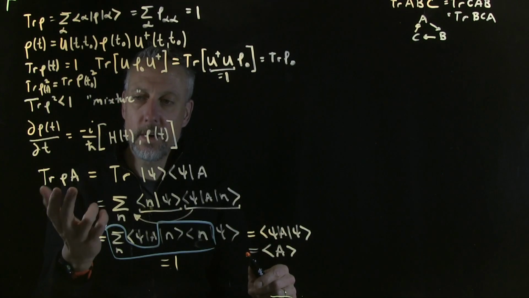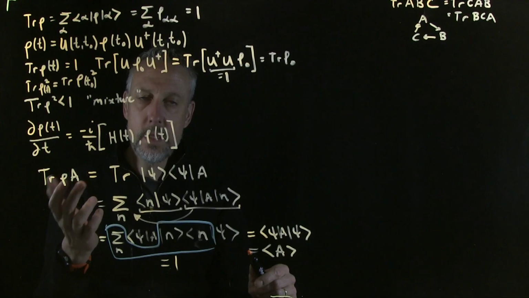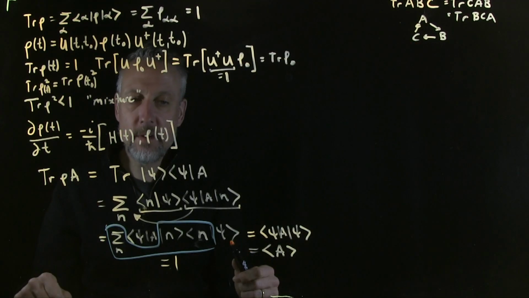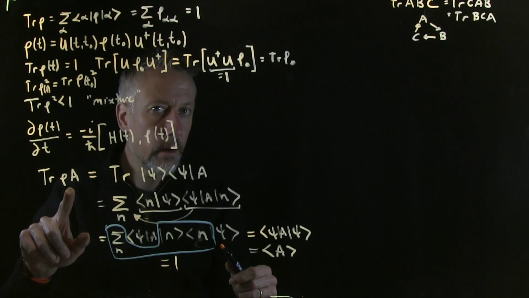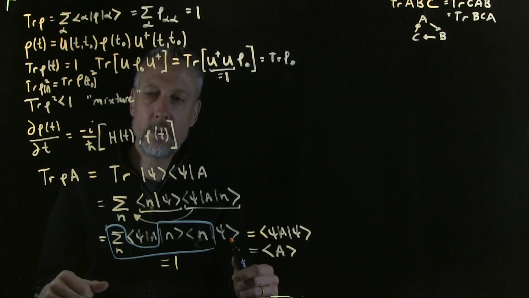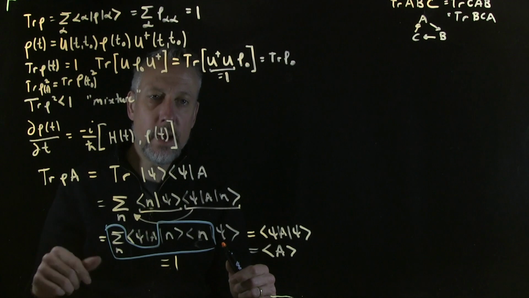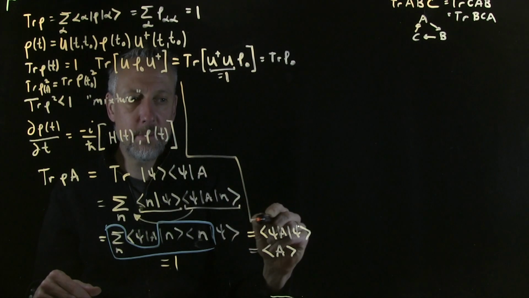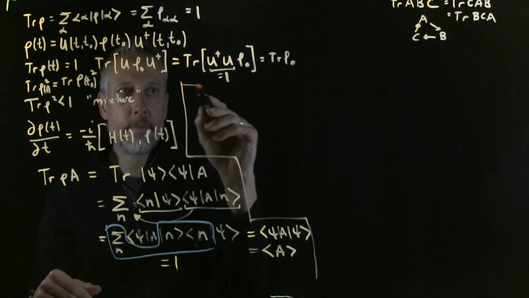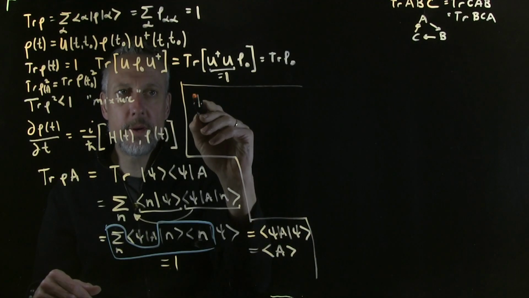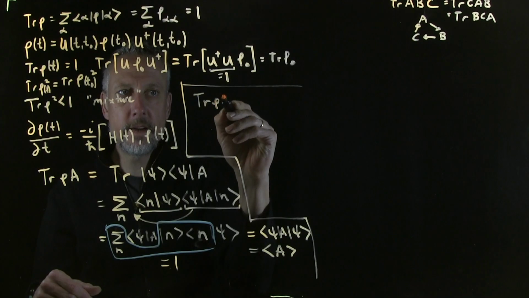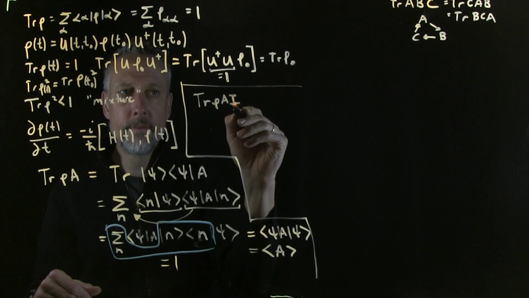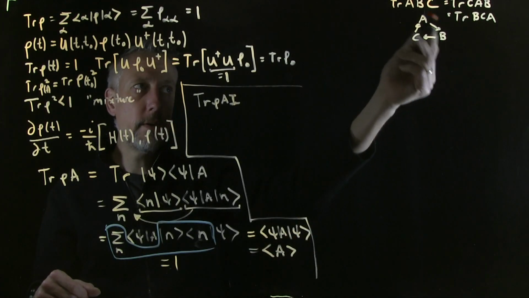Now, what about the order here? Well, I told you something about how you can move things around in a trace, but I only see 2 here. So what do I do about that? Remember how multiplying by 1 can be very useful? Let's do multiplying by 1 now, by putting in the identity operator, I. Now we have a triangle.